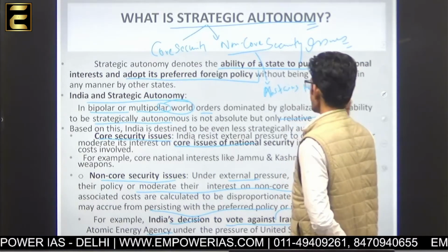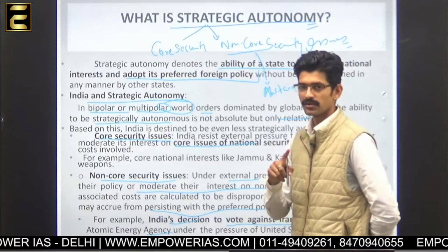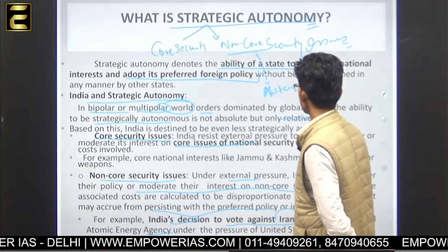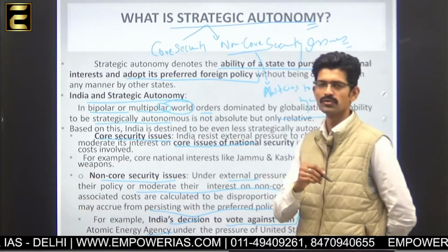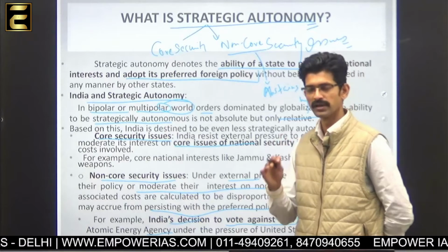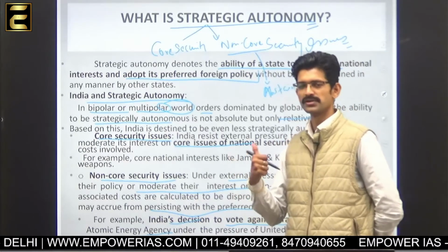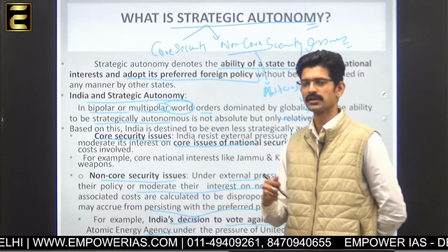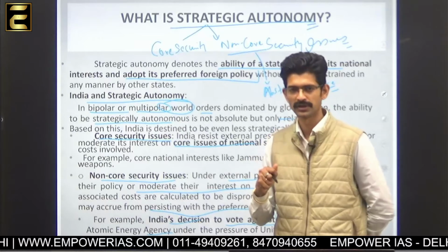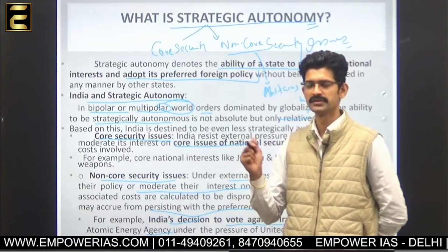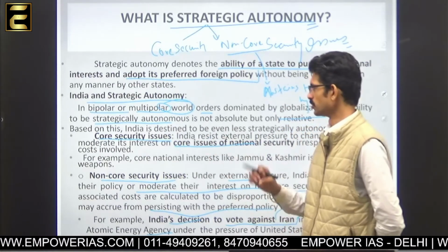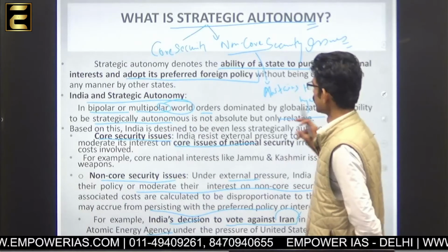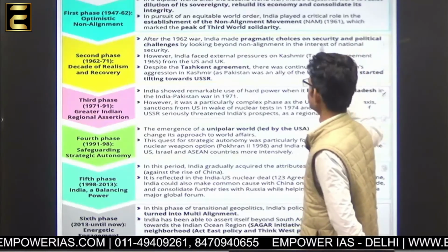Further, India abstains to vote against Myanmar on Rohingya issues. Further, India abstains to vote against the Russia or Ukraine in the issue of Ukraine-Russia war crisis. Then India again abstains to vote against USA in USA Mexico crisis. So that is called as strategic autonomy.